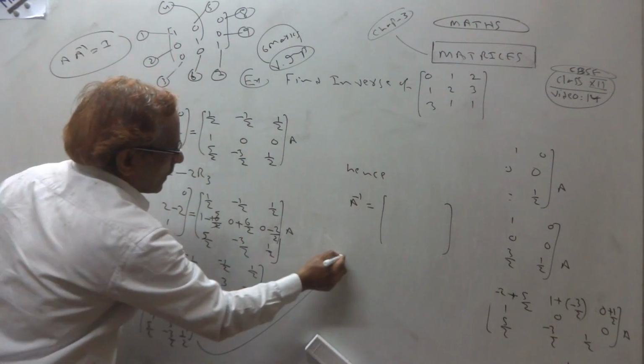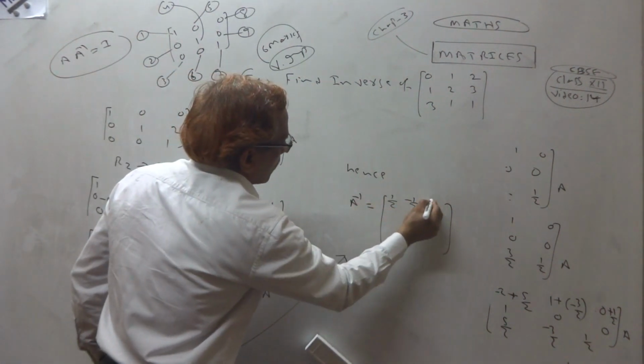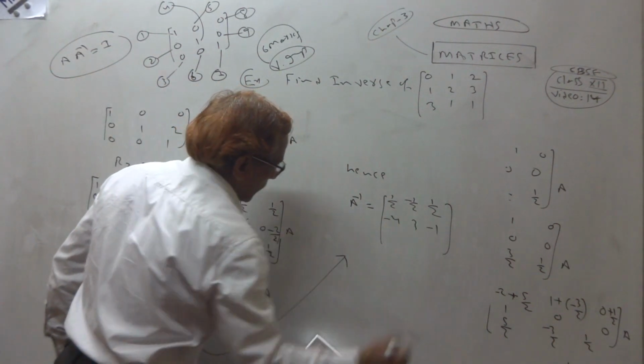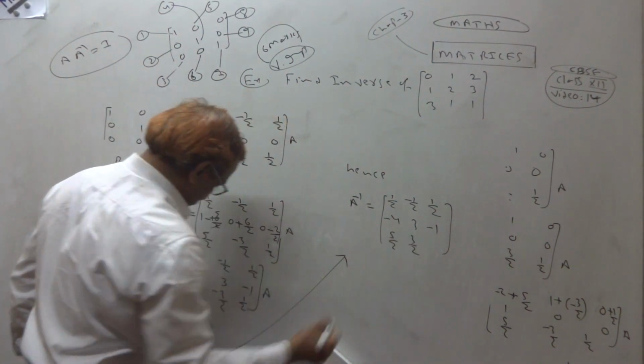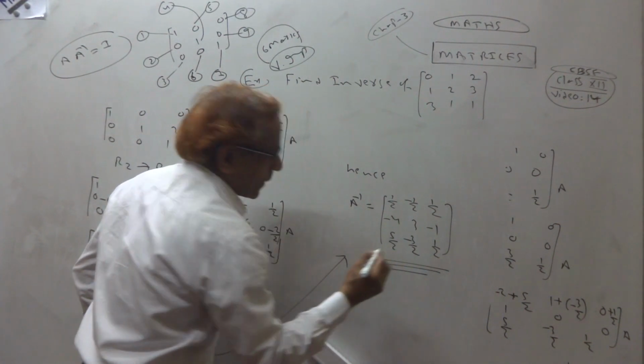Hence A inverse is half, minus half, half, minus 4, 3, minus 1, 5 by 2, 3 by 2, minus 3 by 2, 1 by 2. Finished. You got the answer.